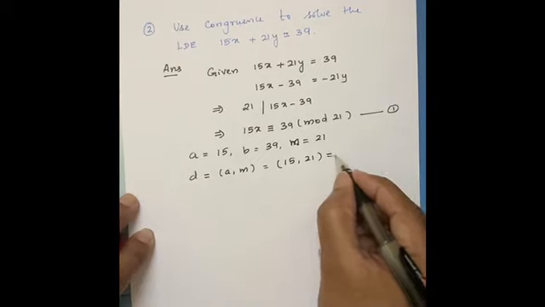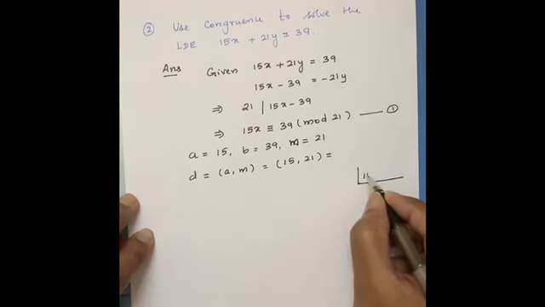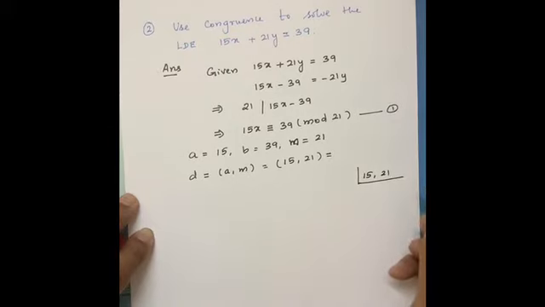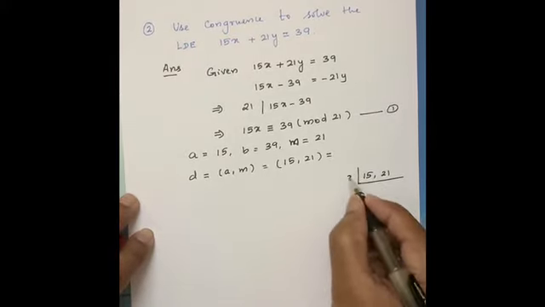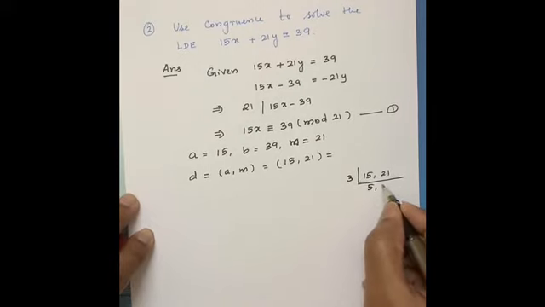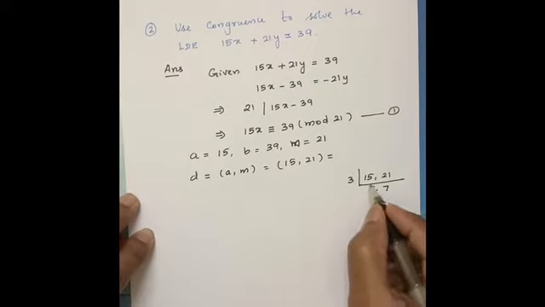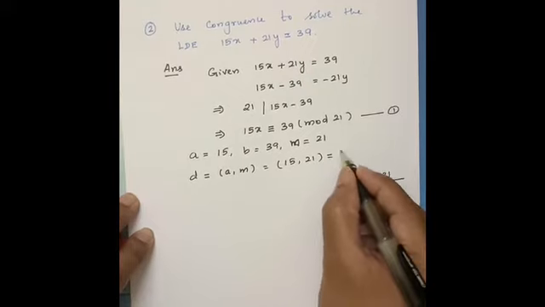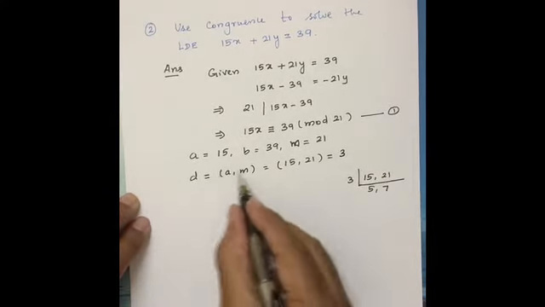What is this value? We can find out which number divides both given numbers 15 and 21. Both are odd numbers, divisible by 3 is possible. So 15 divided by 3 is 5, 21 divided by 3 is 7. Which number divides both of these numbers? Only one is possible, so only 3 is available. So I am writing 3. So the GCD is 3, d equal to 3.